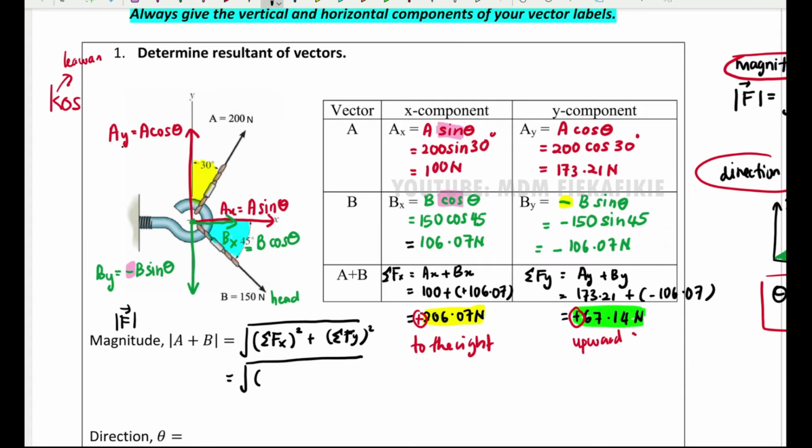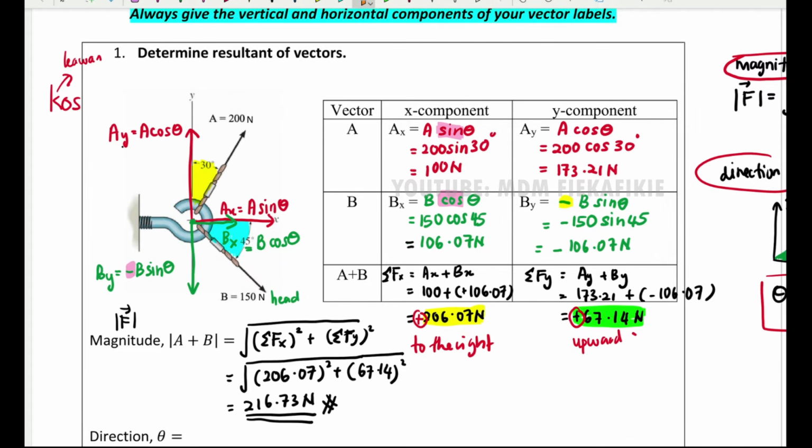Okay, iaitu 206.07 squared, dengan tertinggal. And then 67.14, lagi sekali, squared jangan tertinggal. Okay? So, kita akan dapat 216.73 Newton.